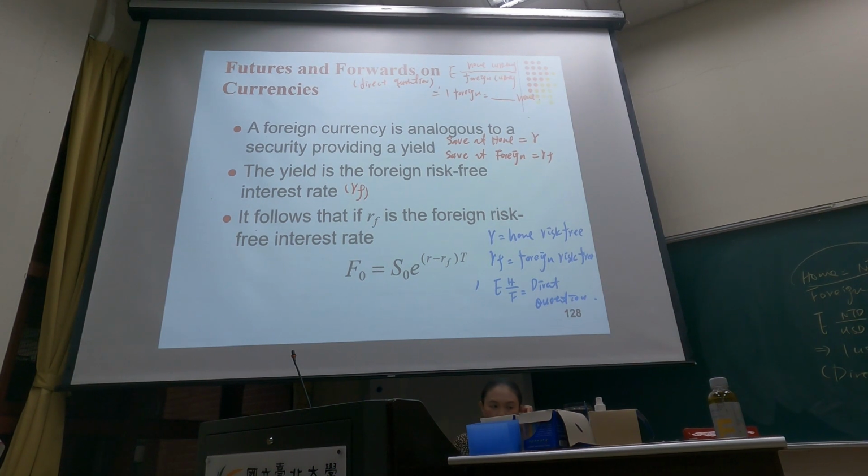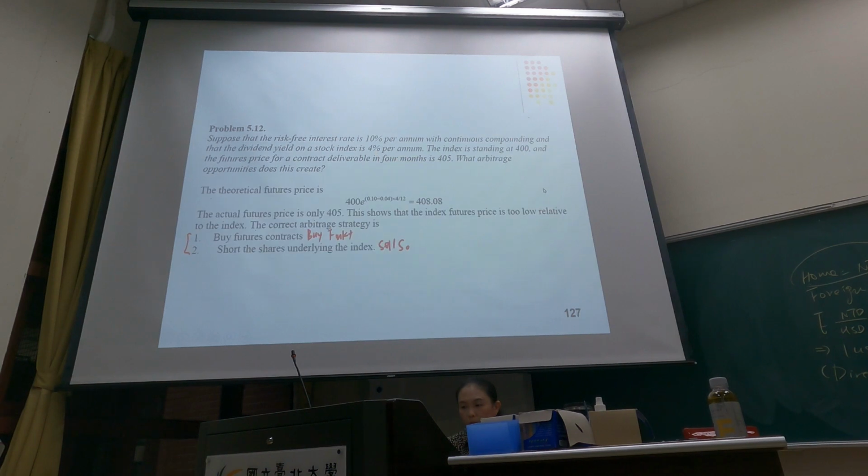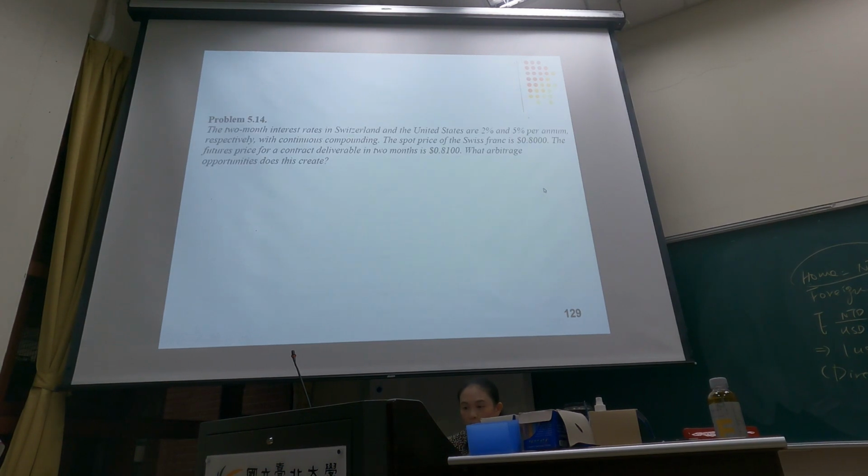Okay. If we're okay, let's take a look at this example here. A 2 month interest rate in Switzerland and the United States is 2% and 5% per annum. First of all, from here we know the T, right?